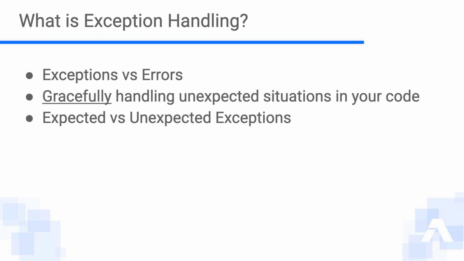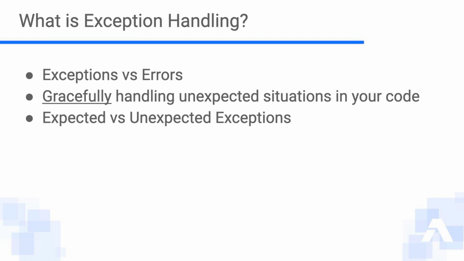Which brings me to the expected versus the unexpected. I think a lot of us code for all the expected issues, but we don't necessarily think about what is unexpected. And sometimes the unexpected can really outnumber the expected scenarios. So we'll talk about some techniques to help with that as well.